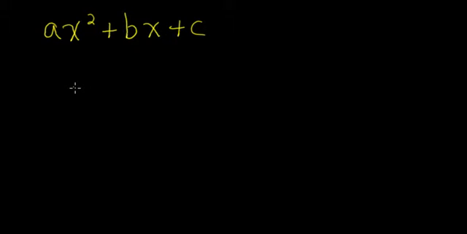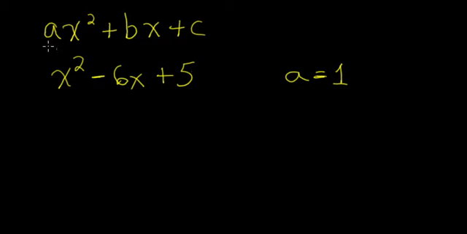So if I have, let's find a nice one here to do, x squared minus 6x plus 5. My a equals 1 because the coefficient hanging out in front of x squared is 1. Remember, we don't write 1s a lot. They're assumed to be there because these are things being multiplied or to a power.